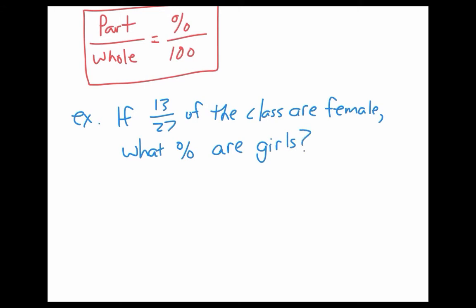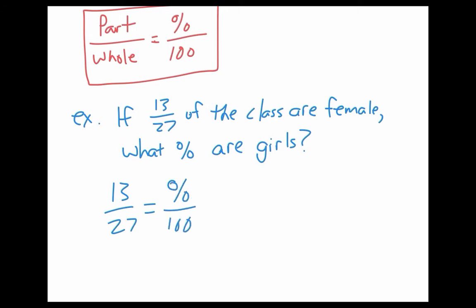This one is already partway done for you, because in 13/27, the 13 would be the part of the class that are girls, and the 27 would be the whole. So in this proportion, the left side's already done as 13/27. Then we could say this equals that other fraction, the percent over the 100.